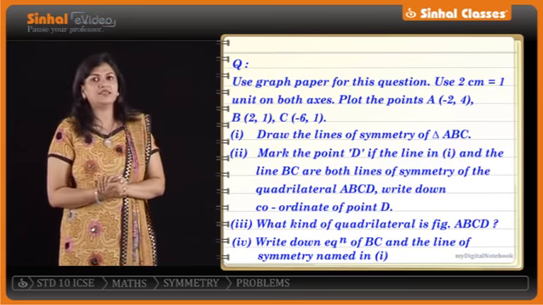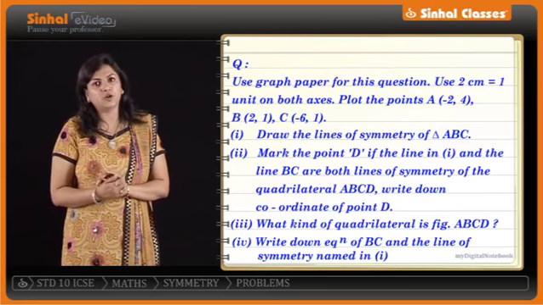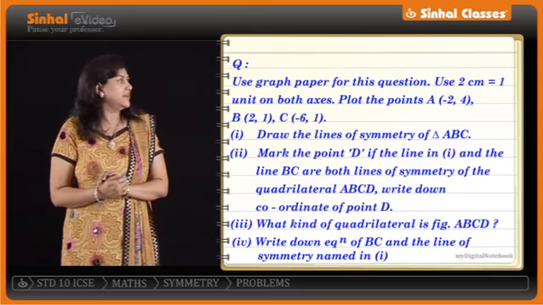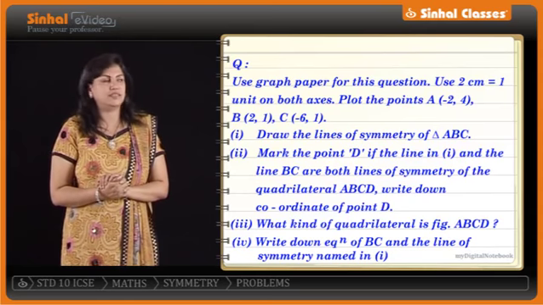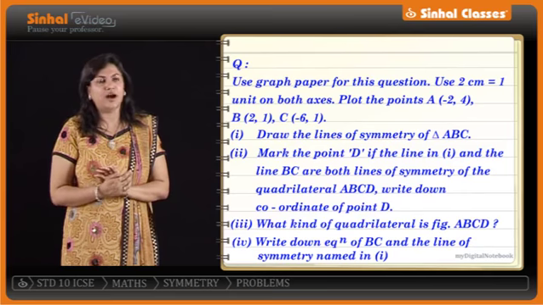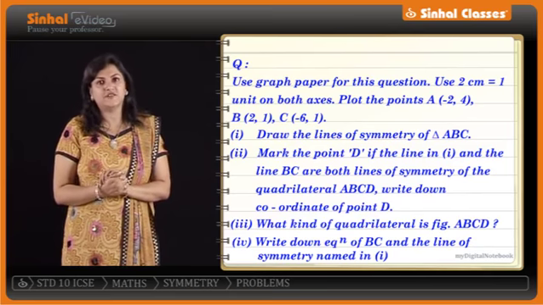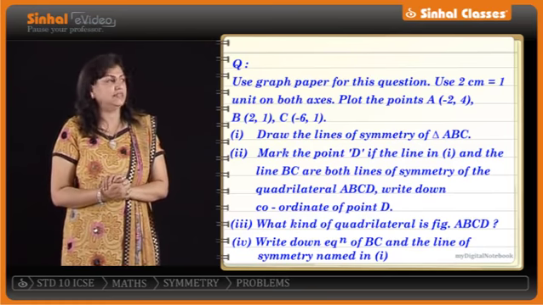Now plot the points A(-2, 4), B(2, 1) and C(-6, 1). Draw the lines of symmetry of triangle ABC. Mark the point D if the line in 1 and the line BC are both the lines of symmetry of the quadrilateral ABCD.